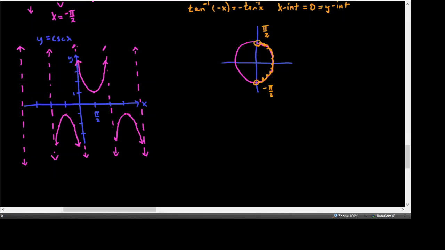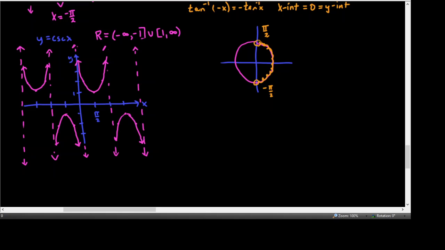Obviously this one is not one-to-one, does not pass the horizontal line test, and so we have to restrict the domain. And our first task in doing so is to make sure that we keep the entire range. So the range is from -infinity to -1, including -1, union, starting up again at 1 and including 1, and going to infinity.